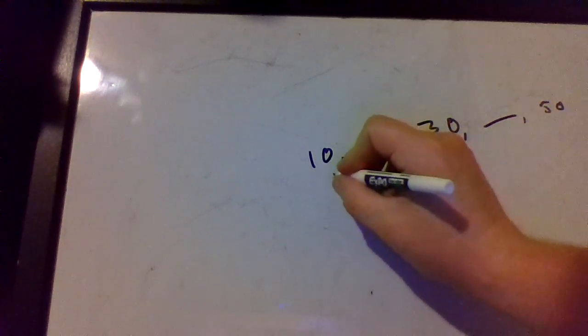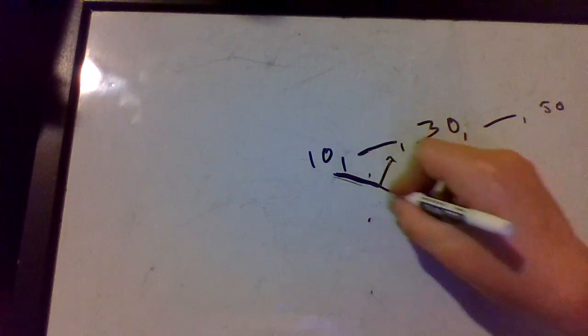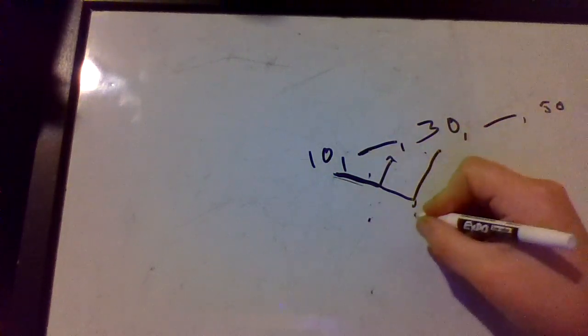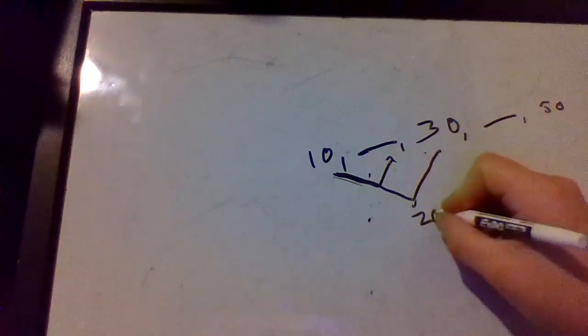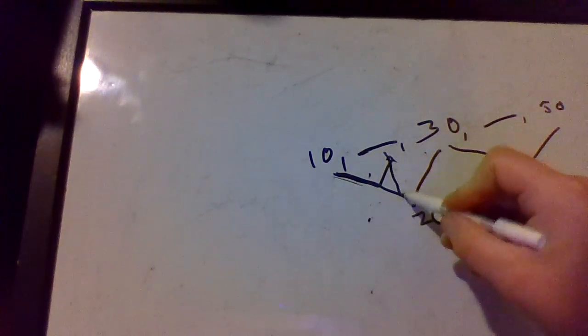Okay, so as some of you might be able to see, let's say we skip both of these, and this is 20. Well, we still need this number, so we're going to go halfway.